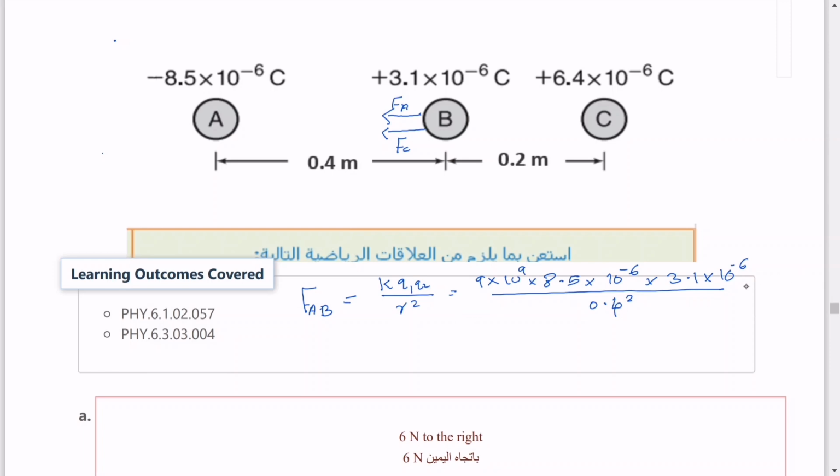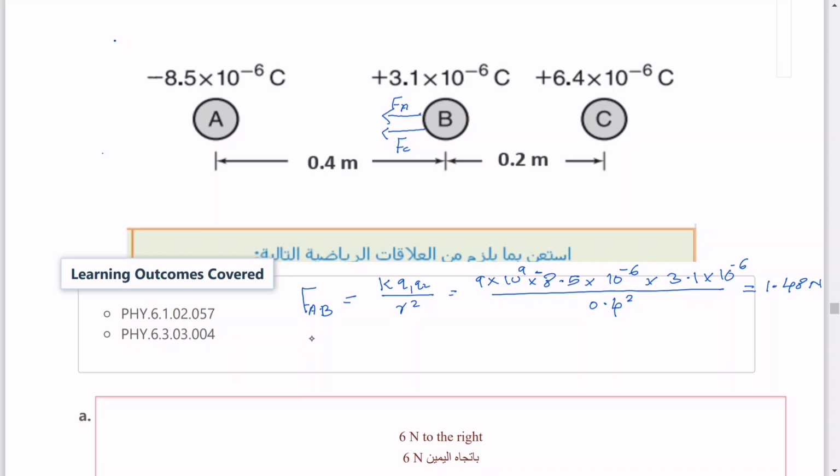So I am getting 1.48 Newton. Here I didn't use a negative sign. No problem. The negative sign just tells that the force is attractive and the direction will be towards the charge A.